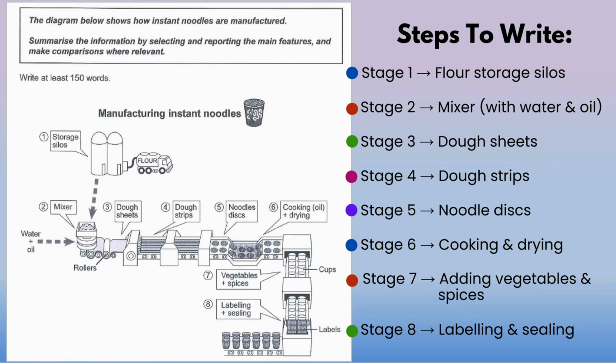So these kinds of noodles are pre-cooked and dried. After cooking and drying, in stage 7, vegetables and spices are added, and in the last stage 8, labeling and sealing happens, and lo, it is ready to land up on the shelf of the supermarkets.